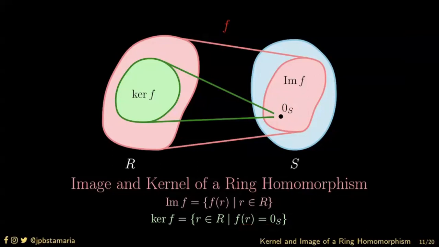So kung isipin mo, ang laman ng kernel ni F are the things in R that gets zeroed out kapag binap siya ng F. Yung sinizero ng F, lahat ng mga elements ng domain that gets zeroed out when F is being applied. Okay?